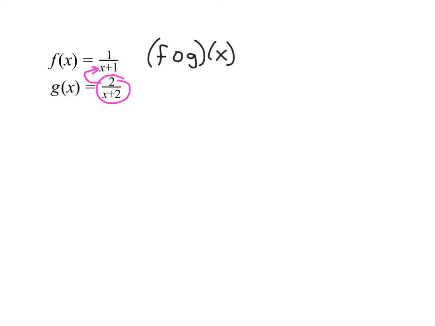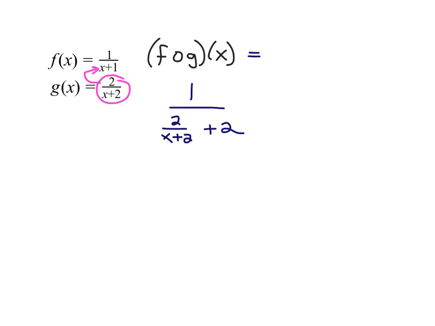So if I write that out, that's going to be 1 over, it used to be x, now it's going to be 2 over x plus 2, plus 2. So now we have to simplify this function, and this is what we refer to as a complex fraction.